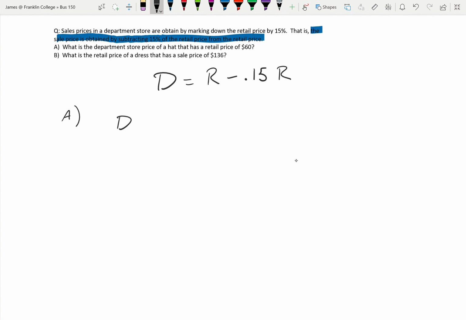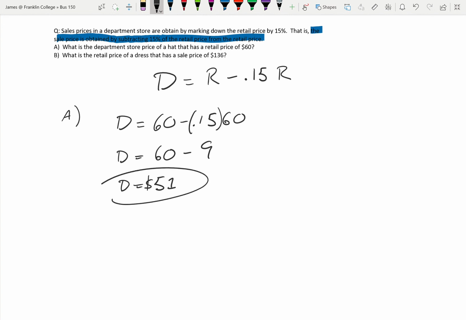So we can just plug in: D equals 60 minus 0.15 times 60. I'm getting 9. So D equals 60 minus 9, and I get $51. The department store sale price is going to be $51.